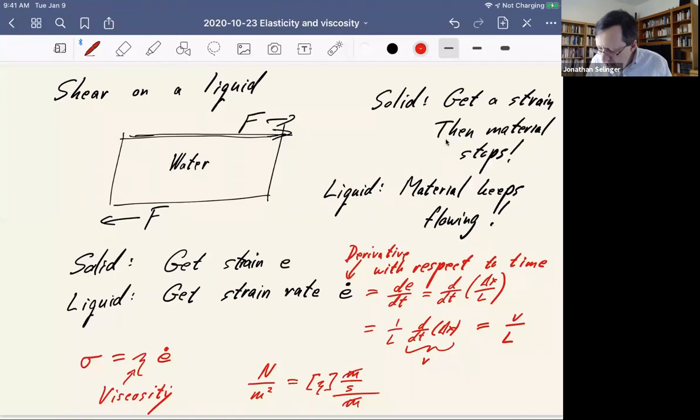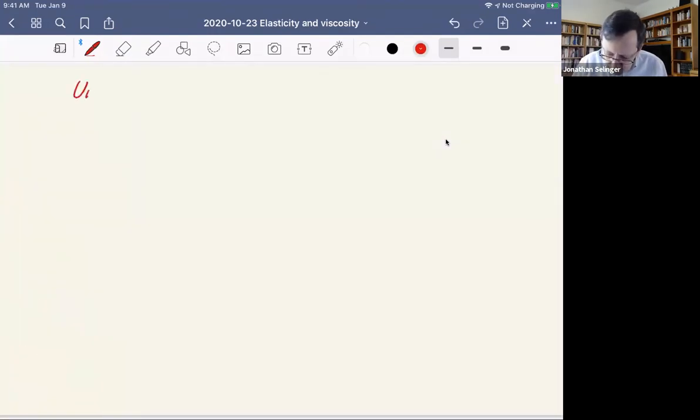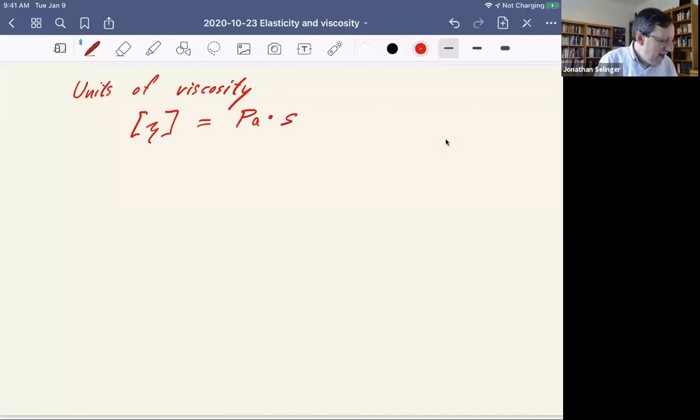So that's eta times 1 over seconds. So the units of eta are pascals times seconds. Pascal seconds is the SI unit of viscosity. It doesn't have a nice name, okay?